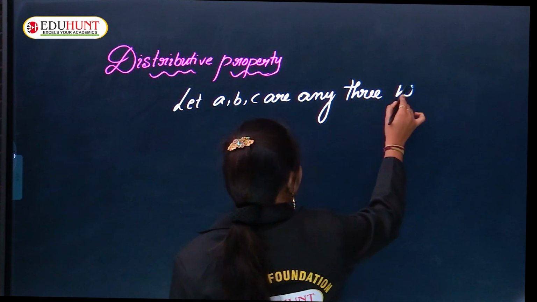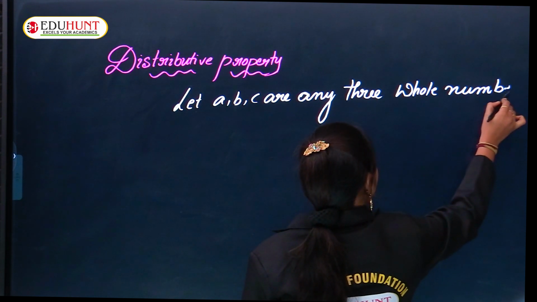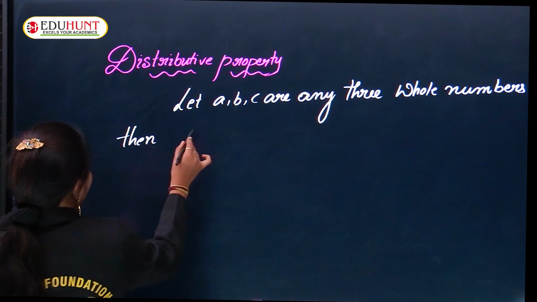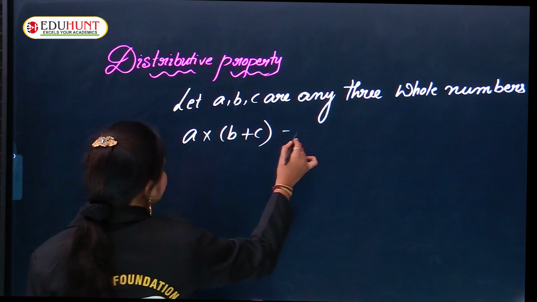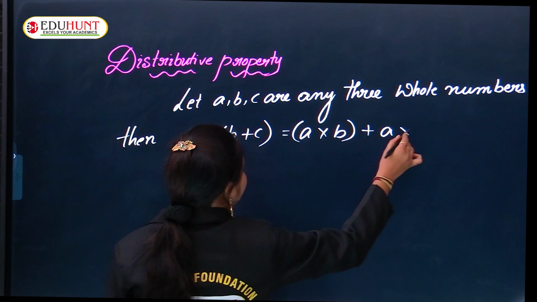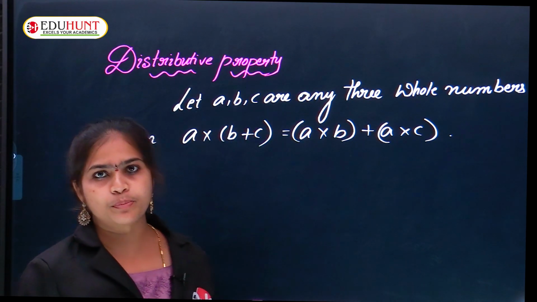Any 3 whole numbers you have to take. Then only one condition is there: A into B plus C is equal to A into B plus A into C. This is the condition of the distributive property.